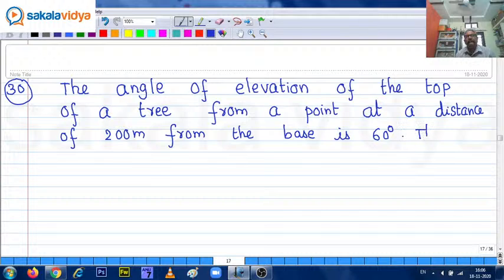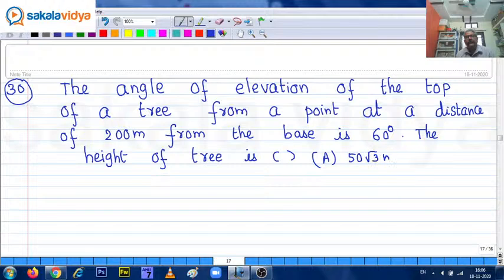The height of the tree, without paper and pen you need to do it. The height of the tree is: A, 50 root 3. B, 100 root 3 meters. C, 200 root 3 meters. D is 200 by root 3 meters.